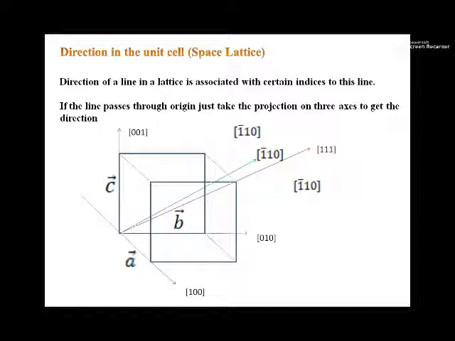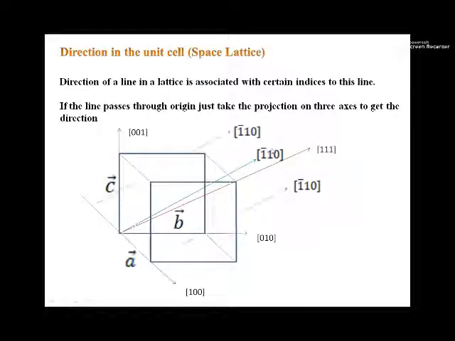On the other hand, this line intercepts the z-axis at infinity, because it is parallel with the z-axis, so the third coordinate will be 0. Now with the intercept with the y-axis, if you drop a projection here on this plane, this will be unit, so this will be 1.